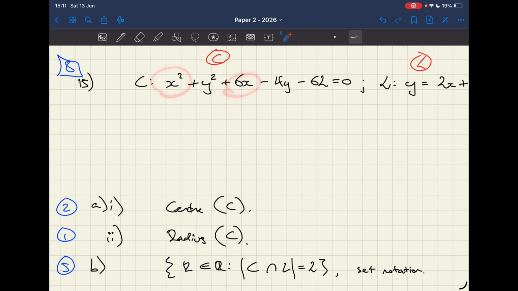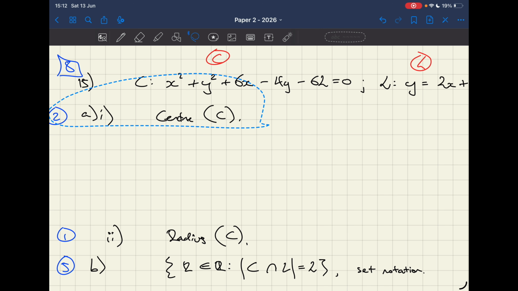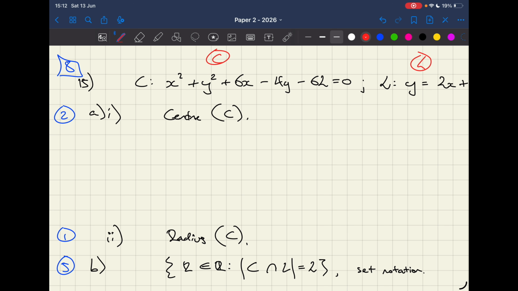I got x squared plus 6x. Let's actually put the question in there, up there before we do anything. There we go. So taking factor C, it tells us that we're going to have x plus 3 squared minus 3 squared, which is 9, plus the same idea for y minus 2 squared, take away 4, and then take away 62.